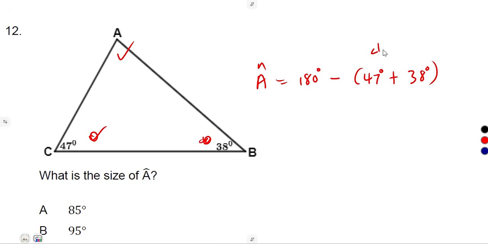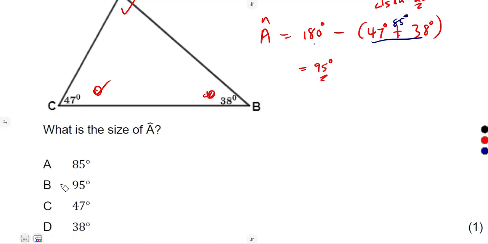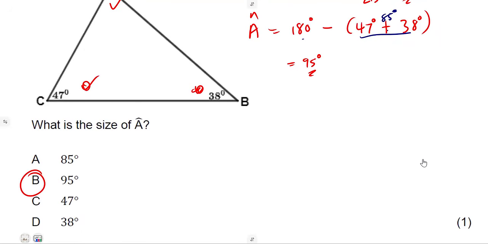From 180 degrees. Sum of angles in a triangle. So that is it, guys, just like that. That was going to give us the sum of these. It's 85, and 180 minus 85 is going to give us what? 95 degrees. So the best answer where there is 95 is what? Is B.